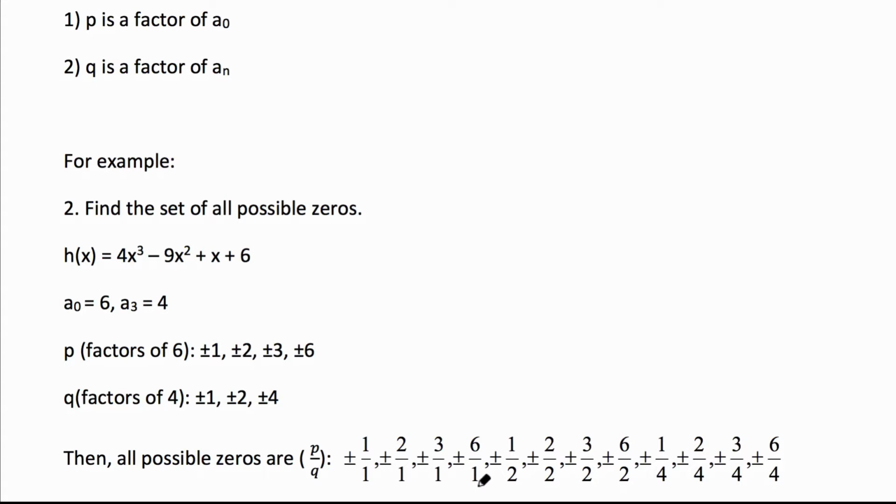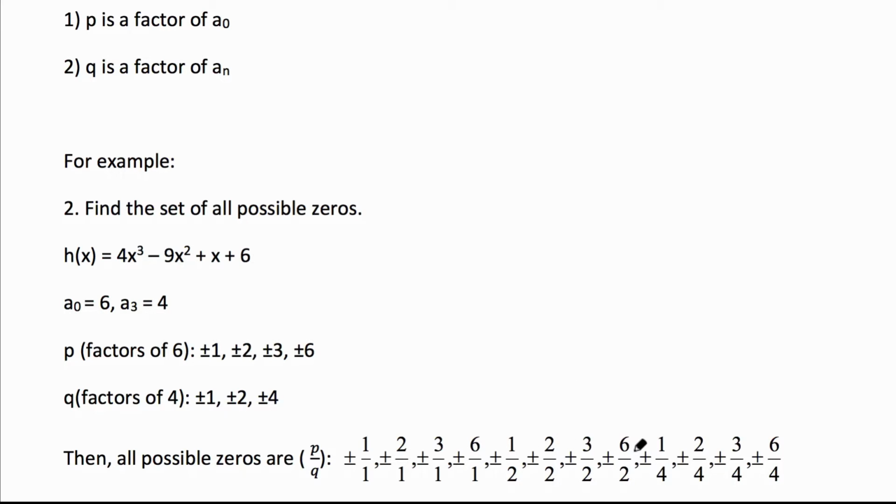I'm doing one denominator at a time. So first they're all over 1, and those are our integer possible zeros. It's nice when your zero is an integer. It could be a fraction, but we always start with integers because they're easier. Same thing, the next is every single one of them over 2: 1, 2, 3, and 6. Then every single one of them over 4.